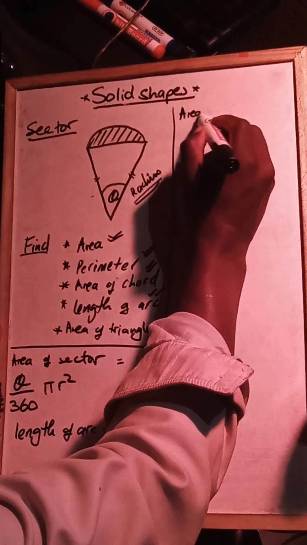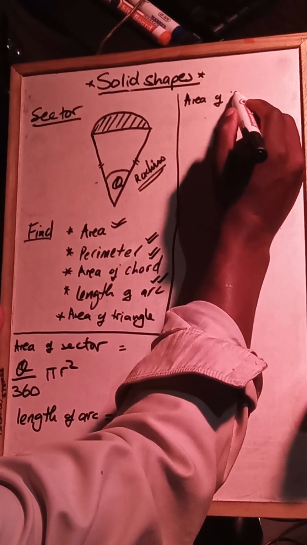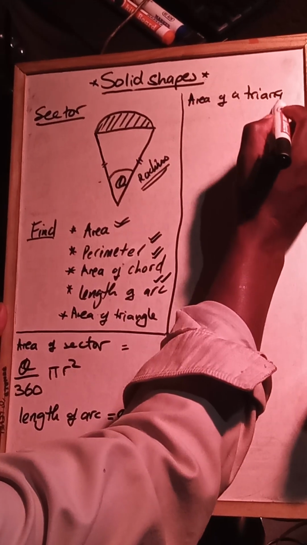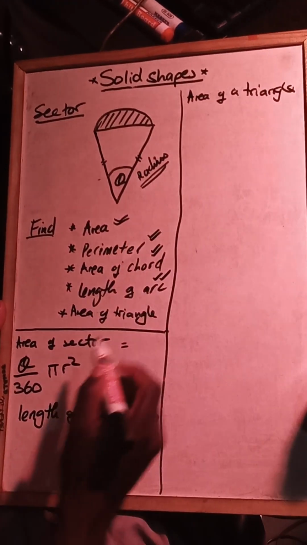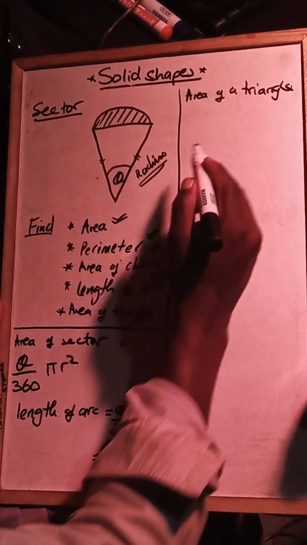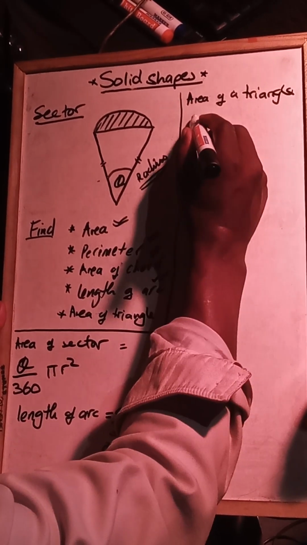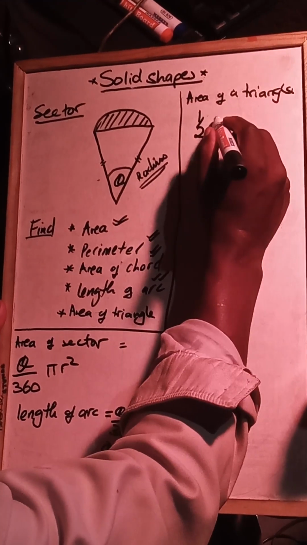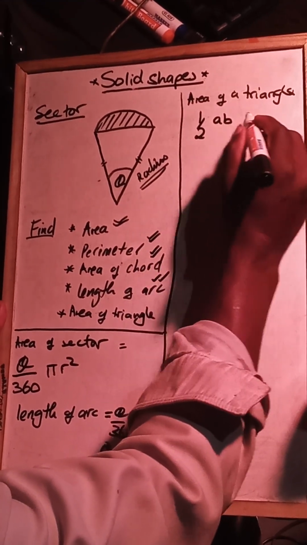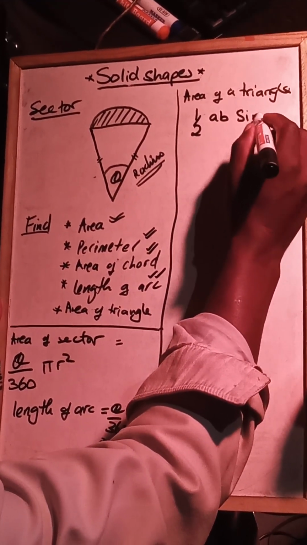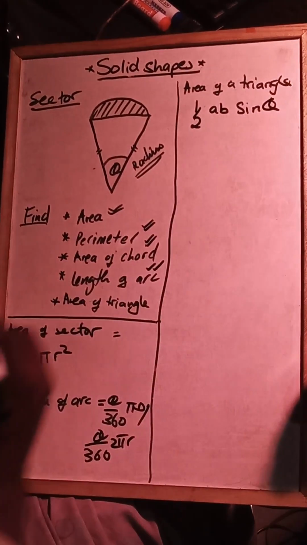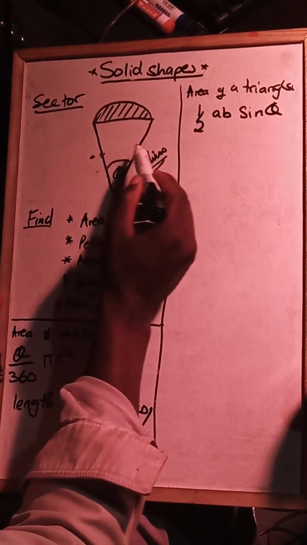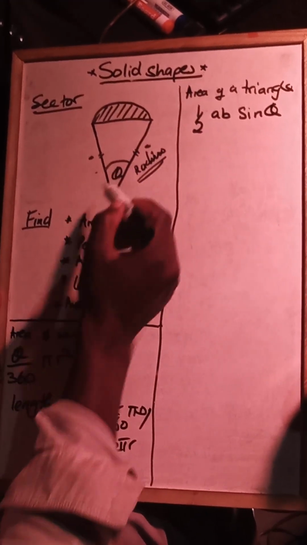Right, let us look at area of a triangle. In this case, we use the universal area formula, which is half a b sine theta, where a and b are the two sides sandwiching the angle.